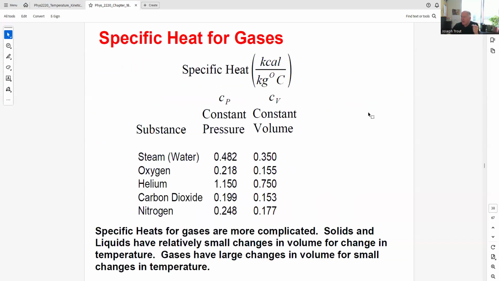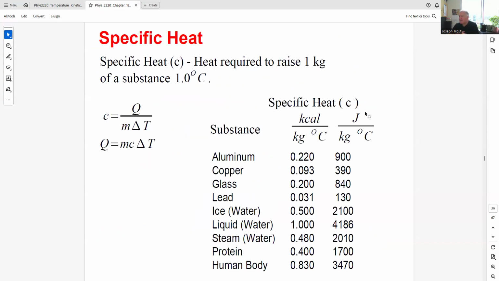Specific heat is the amount of heat required to raise the temperature of 1 kilogram of a substance 1 degree C. We usually use joules per kilogram degree C in this class. For example, aluminum takes 900 joules to raise 1 kilogram 1 degree C, and copper about 390 joules, compared to other materials, which take much more heat.